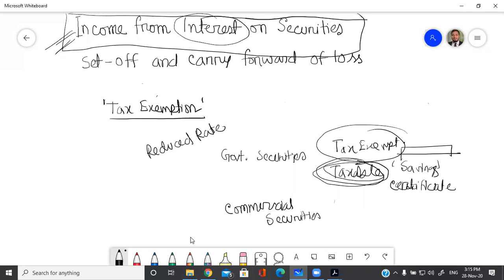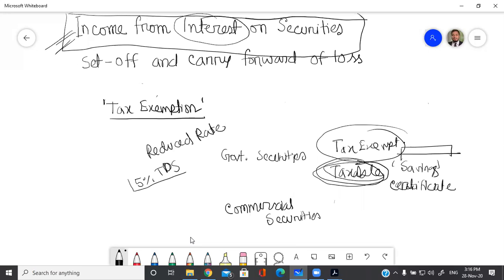For example, in savings certificate, 5% TDS is applicable, and it is said that this 5% is the final tax on the savings certificate interest income. This 5% is the final tax liability on the interest income of the savings certificate.